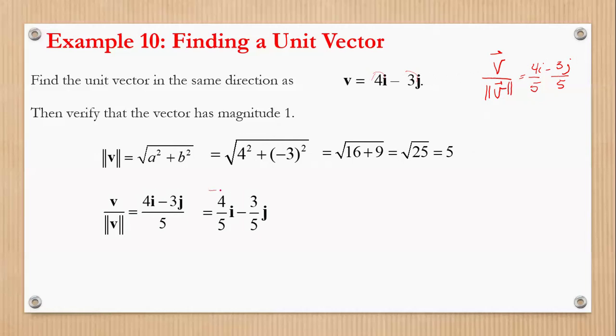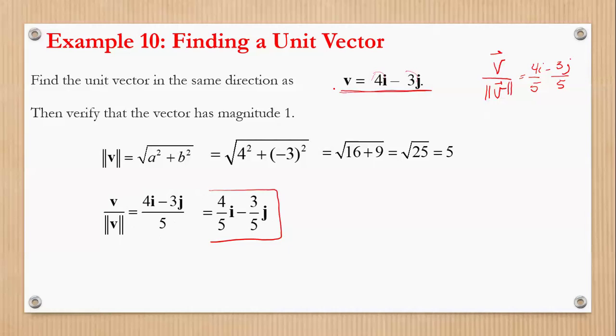This is a unit vector, which means if I find the magnitude of this unit vector, the magnitude should be 1. It's a unit vector along the direction of vector v, with the same direction as vector v, not in the direction of the x-axis or the y-axis.